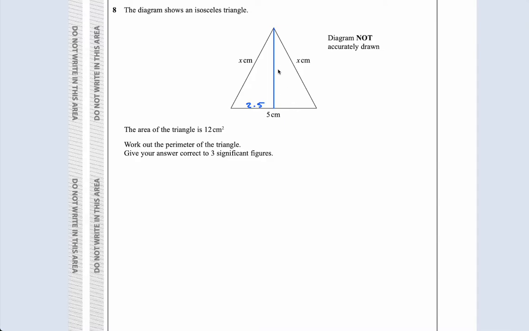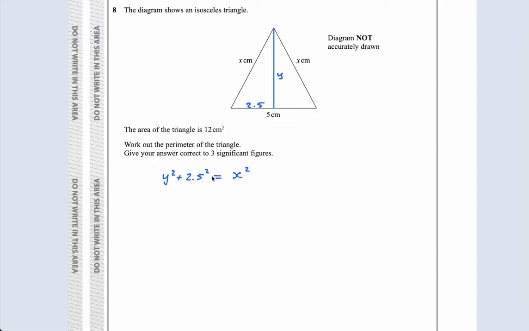And this side here, I don't know what it is, but let's call it y. So from Pythagoras' theorem, y squared plus 2.5 squared equals x squared.